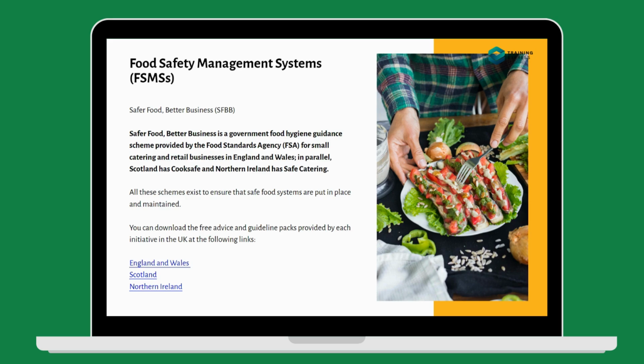In parallel, Scotland has CookSafe and Northern Ireland has Safe Catering. All these schemes exist to ensure that safe food systems are put in place and maintained. You can download the free advice and guideline packs provided by each initiative in the UK at the following links: England and Wales, Scotland, Northern Ireland.